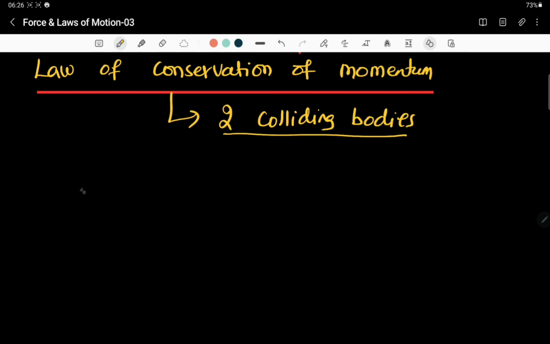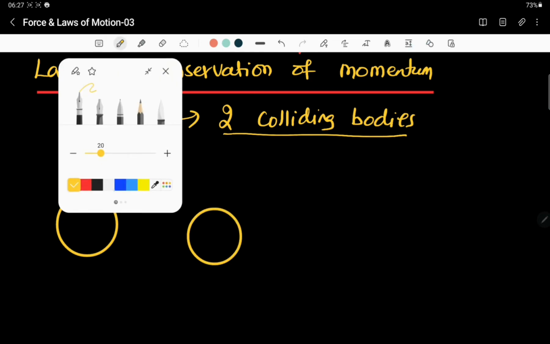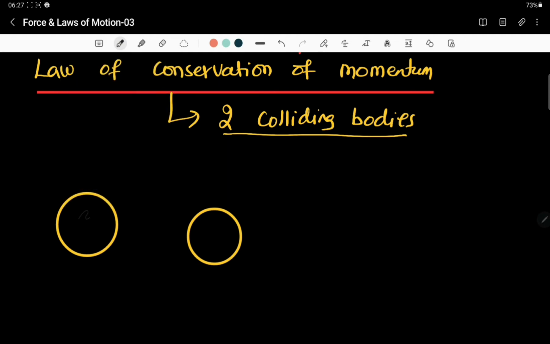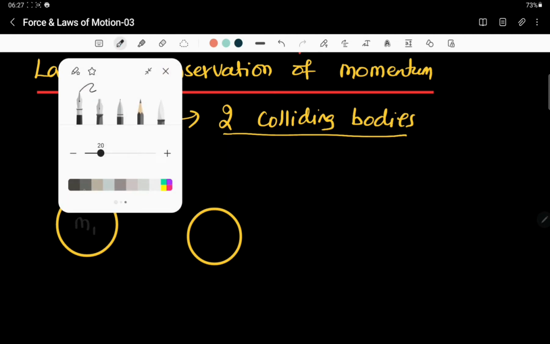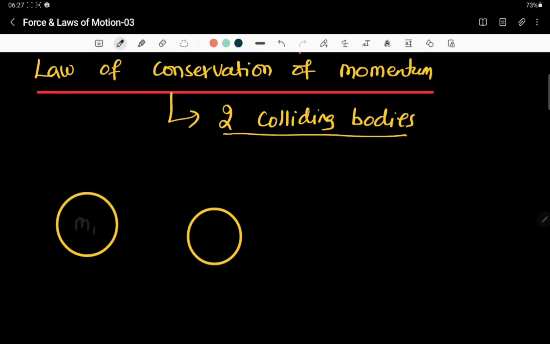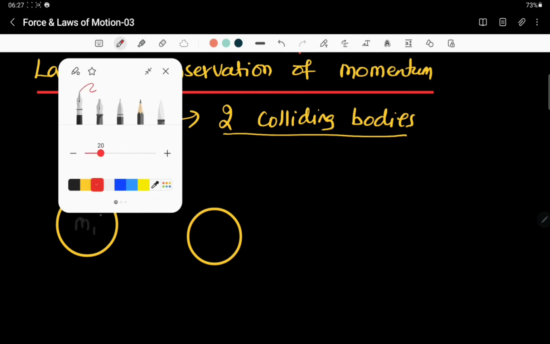Alright, so for example, here is one body, and here is one more body. Two bodies are there. Let me mark these masses as m1 and m2. Let me take red color.